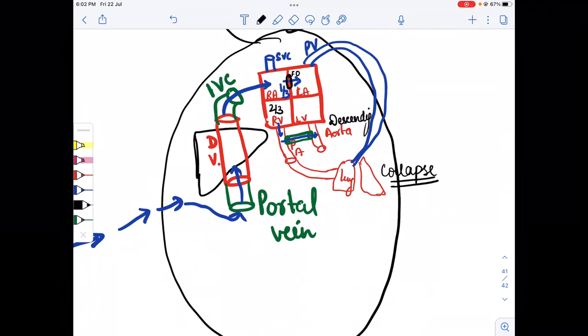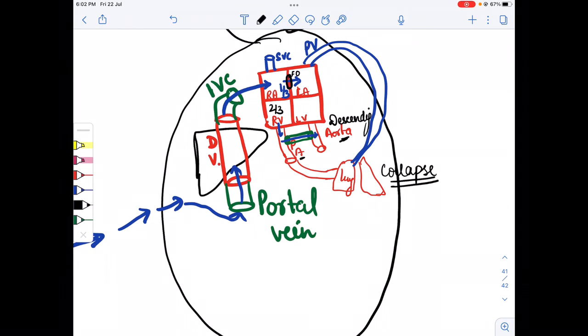So here one more question is going to be asked: the ductus arteriosus is present between the pulmonary artery and the descending aorta. And what is the blood flow of the ductus arteriosus in fetal circulation? Please remember, all the blood from the right ventricle is going to the left side, into the descending aorta.